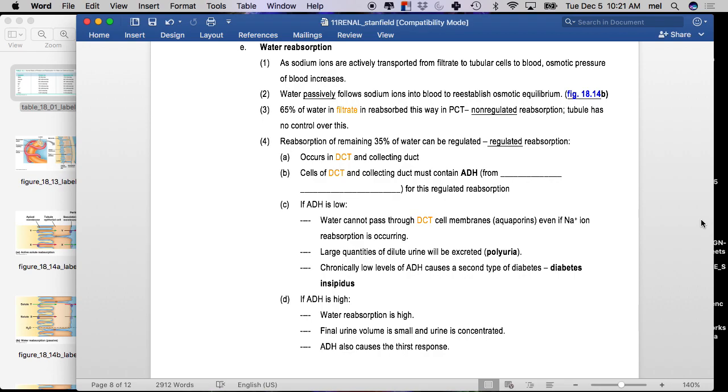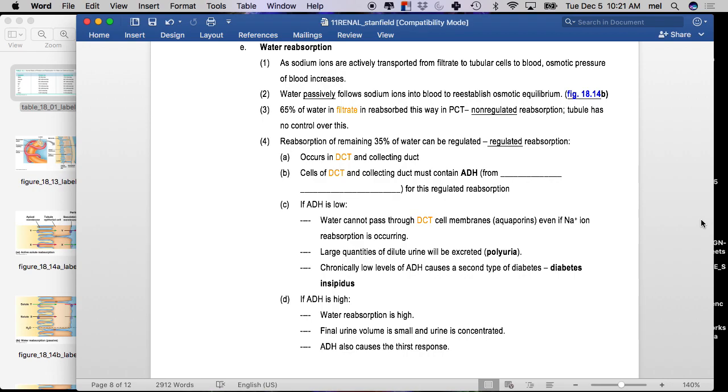Because are there situations in which you might need to reabsorb sodium, but you don't need to reabsorb water? What if I was fasting, but I was drinking boatloads of like lemon water, right? Do I need to reabsorb the water? No. Do I need to hold on to all the sodium that I can? Hell yes, right? So there are situations in which you need to uncouple sodium reabsorption from water reabsorption.